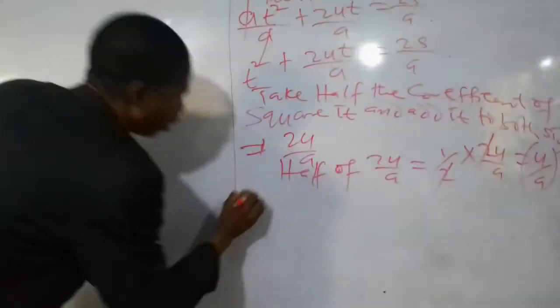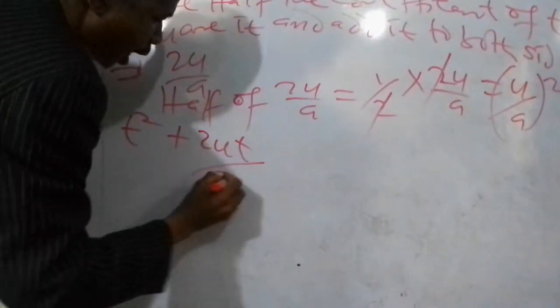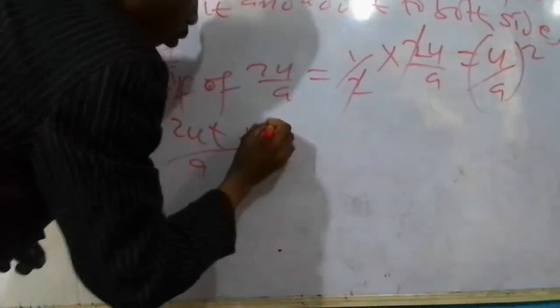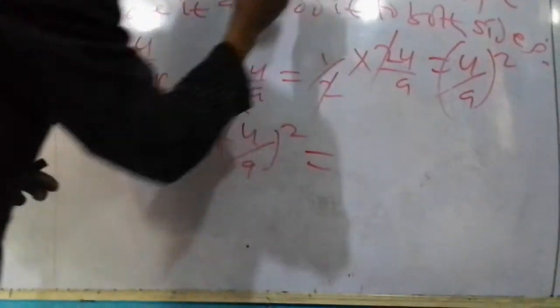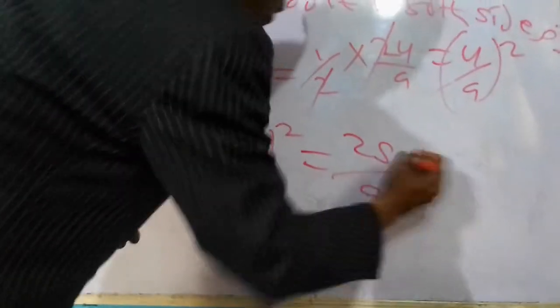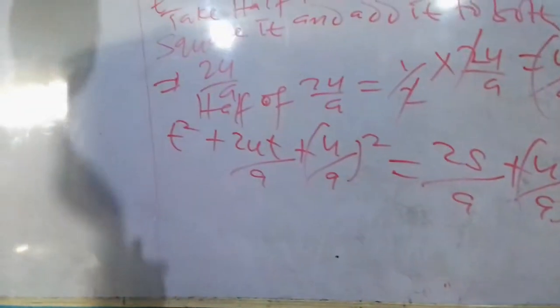Then it means that we now have t squared plus 2ut over a plus u all over a, everything in bracket square, equals to 2s over a plus u over a, everything in bracket square.